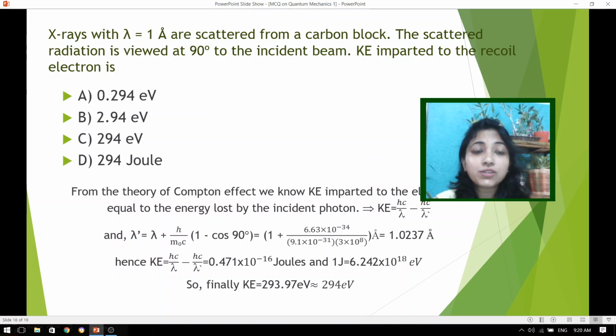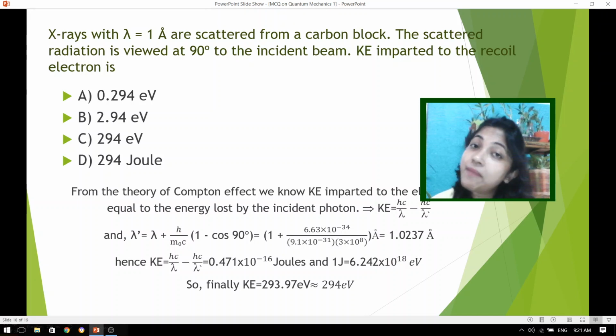But of all the options that we can see over here, 3 of the options are in electron volts, whereas one option is in joules. And the joule value is not at all close to what we have got, which means we will have to convert this energy that we have calculated in joules to electron volts. Always remember that 1 joule is equal to 6.242 into 10 to the power 18 electron volts.